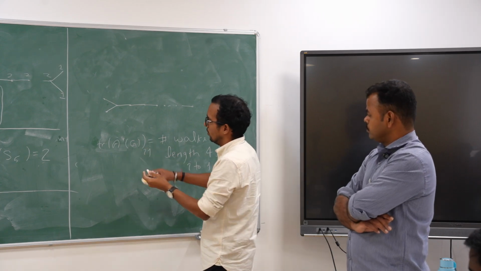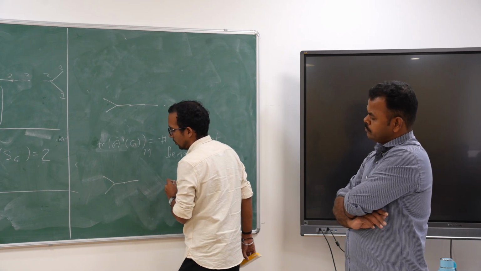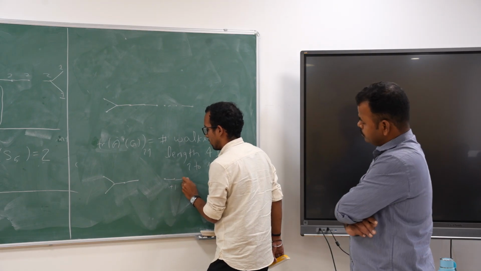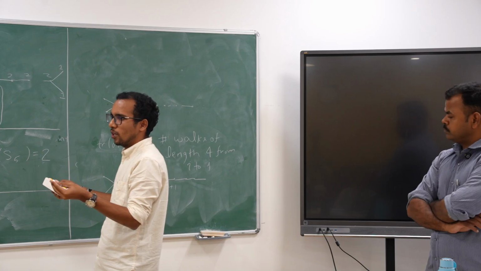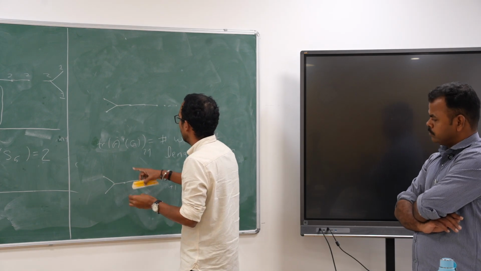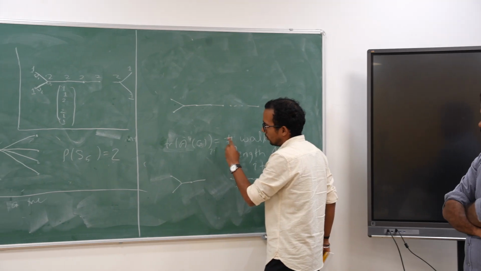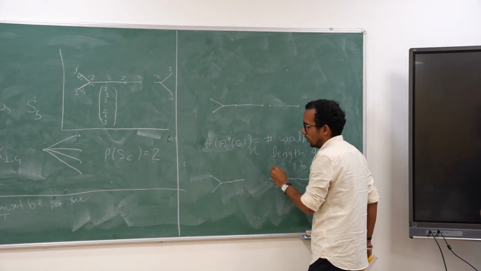So for this, if we consider some example, we know that if these two graphs have the same spectrum, they must have the same number of walks of length 4 from the same vertex to the same vertex. I consider it as I.